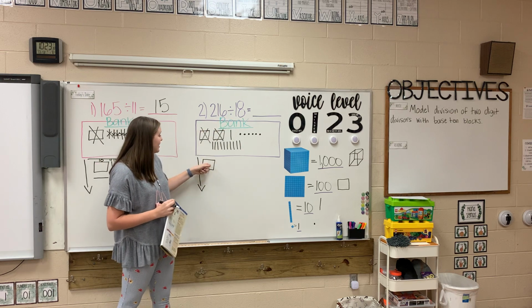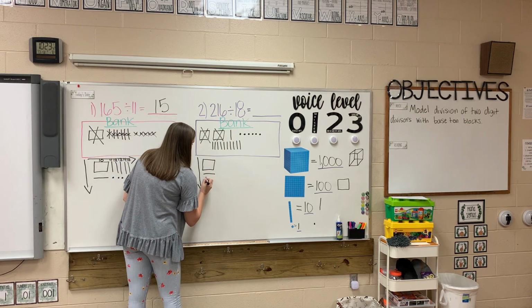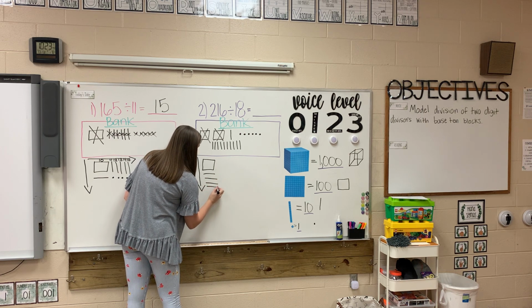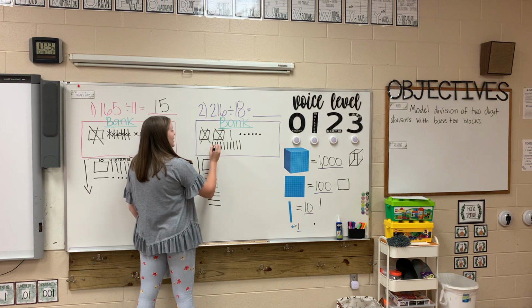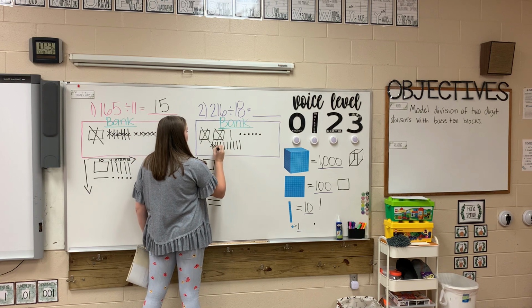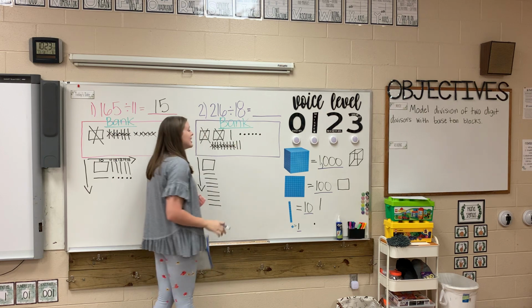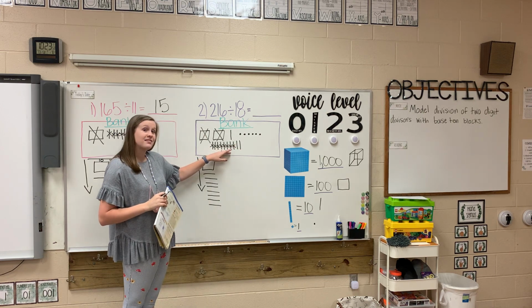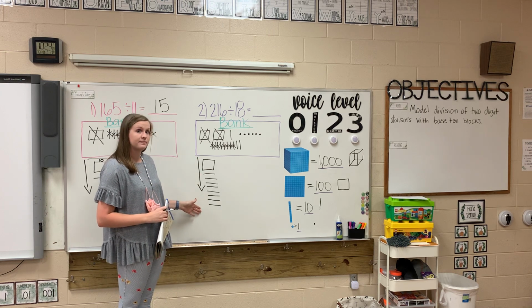So we have our 10 groups. We still need 8 more. 1, 2, 3, 4, 5, 6, 7, 8. So I used 8. This just helps me remember what I have left, okay guys? So I have my 18 groups.